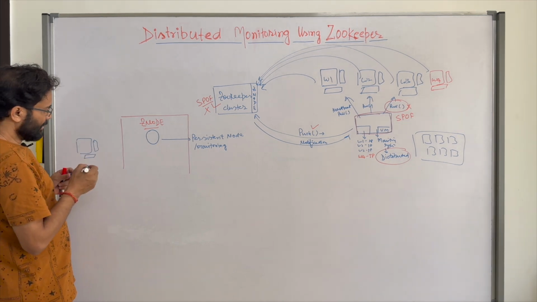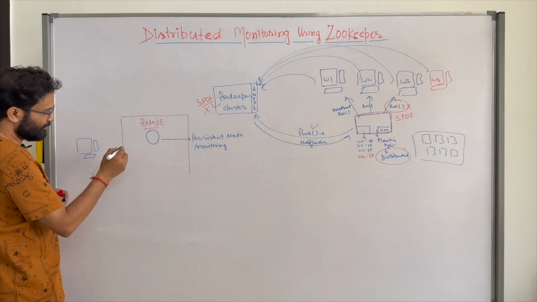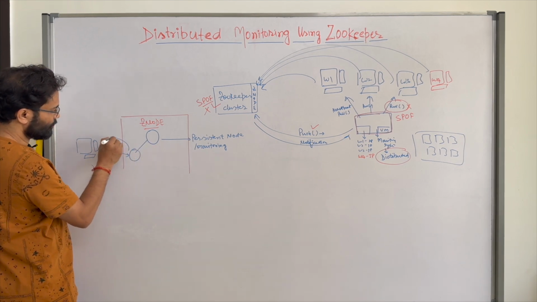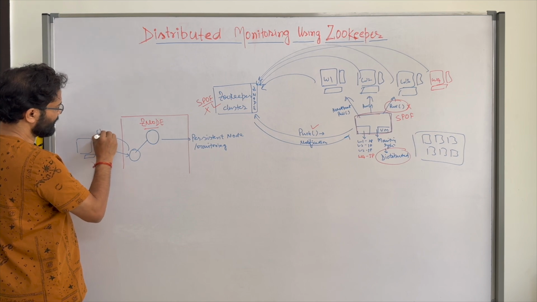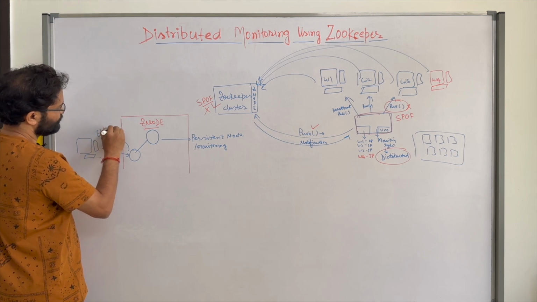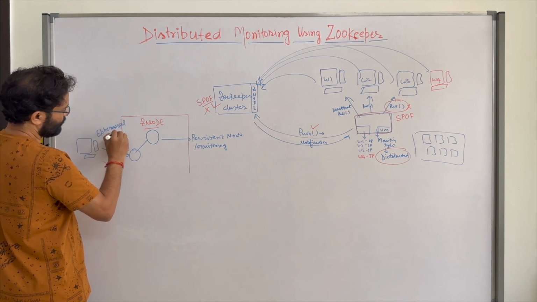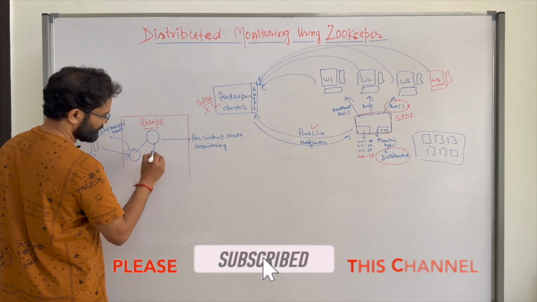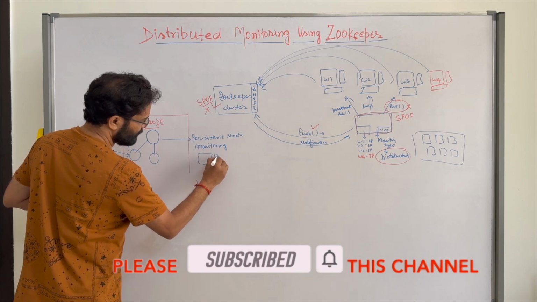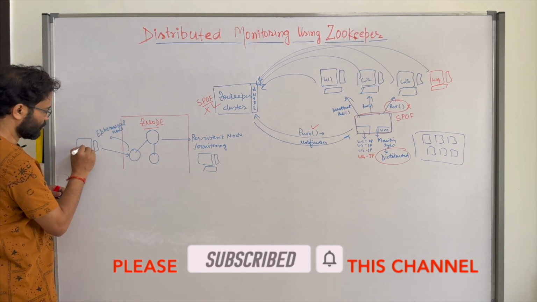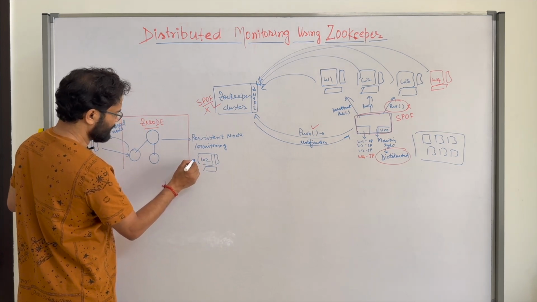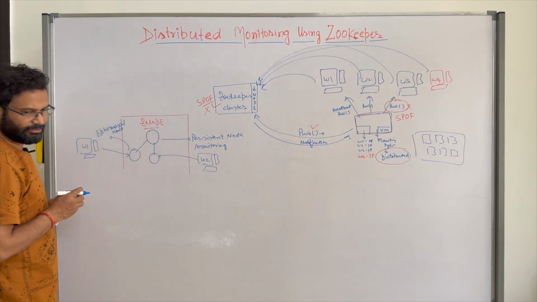Then whenever a new system is going up, they will connect to the Zookeeper and they will make one node here, and this node is the ephemeral node. Again, suppose this is worker node 1, worker node 2. The moment he comes, he will create one ephemeral node.